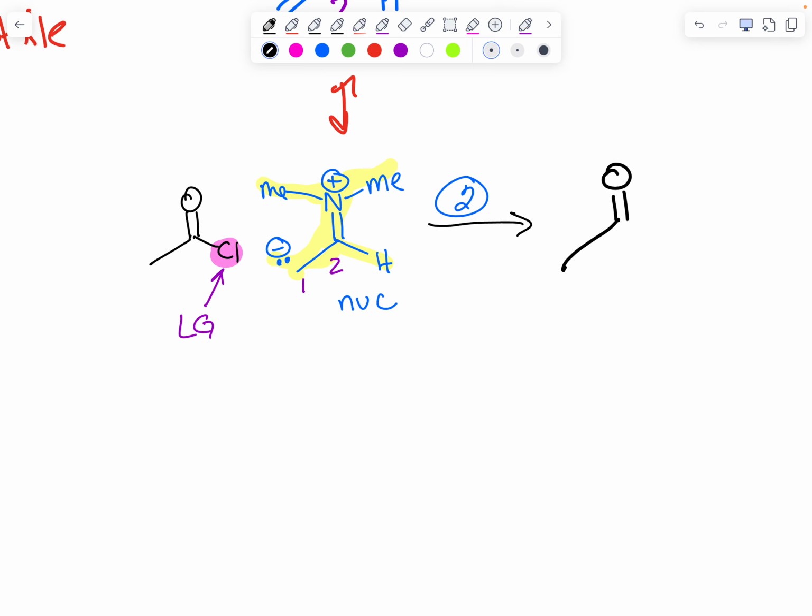So after we do this, this is the conjugate addition. We add in step 2, H3O plus, which is going to have 2 roles, okay? Any idea what the first role is? What is it going to be? H plus, good. It's going to be an H plus donor. So it's going to act as an acid. I like to write it out like this so I can show the bonds breaking and forming.